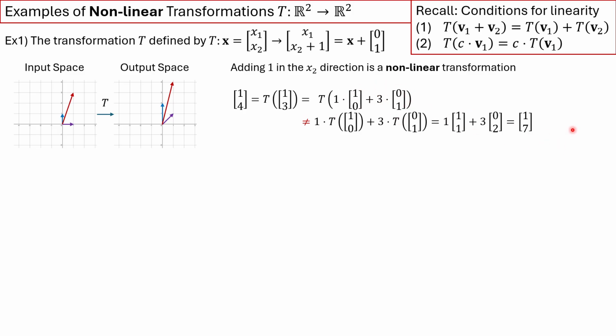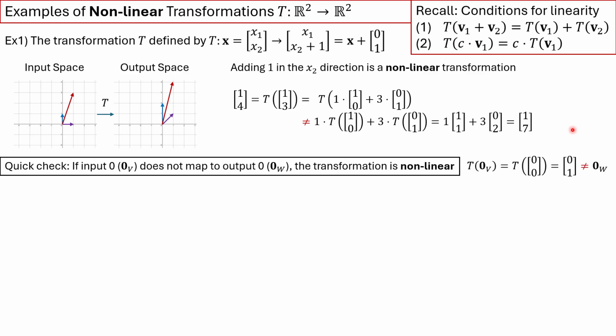But there's a much faster way to spot this. We'll call this the origin check. A linear transformation must keep the origin and map it still to the origin. For us, if we were to keep a point at the origin and apply this transformation, we put in (0, 0), so we get 0, and then on the bottom we get 0 plus 1.